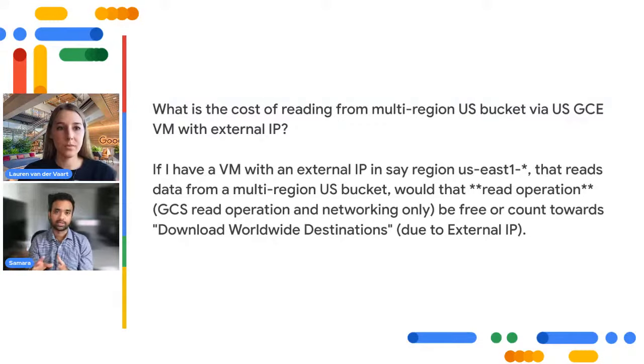So yes, there is a SKU. I do not remember the specific SKU that you will be charged to, but we'll make sure to share it within the community. But yes, there is a cost for reading from a multi-region US bucket via a GCE VM within the US with an external IP.